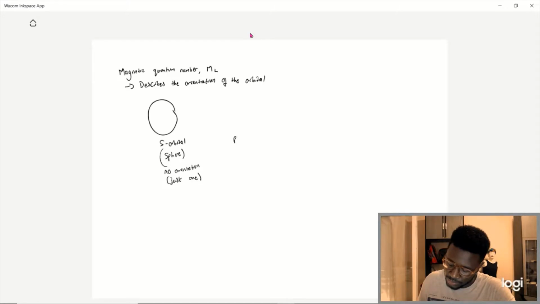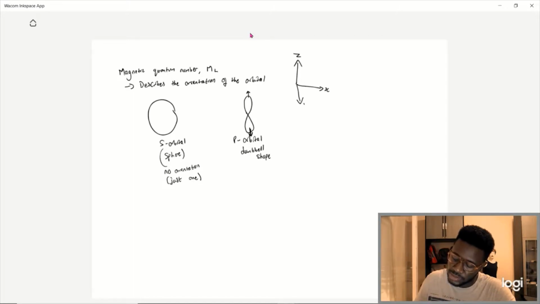The next is your p orbital. A p orbital has a dumbbell shape. The orientation is the direction that this is facing. So for your p orbitals, you can have three different orientations. It can be facing the z-axis, the x-axis, or the y-axis.